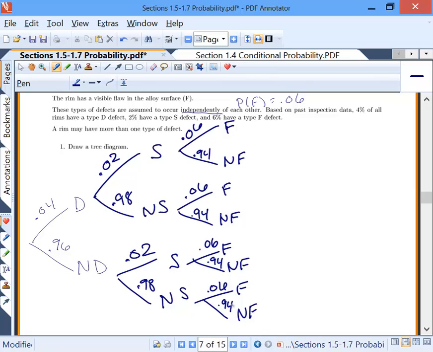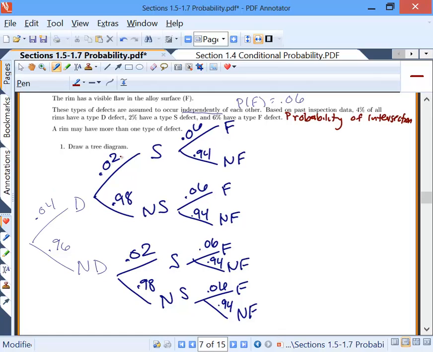And then what did we do last time with our tree diagrams? Remember? We wanted to find the probability of each of the intersections. So to do that, I need to multiply along each branch to get the probability of my intersection.